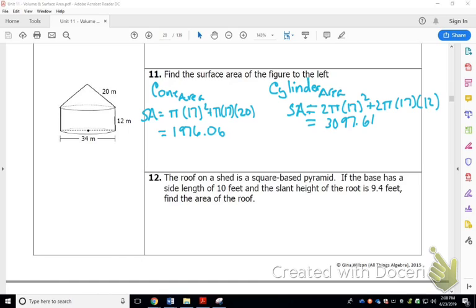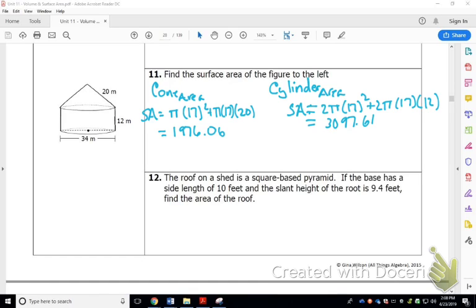Okay? So if you want to paint this thing, are you going to paint everything that we found? No, because what happens when we put the cone on top of the cylinder? Do you see those two bases anymore? No. The only base you see is the bottom.